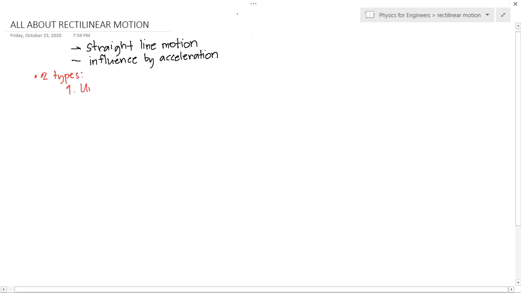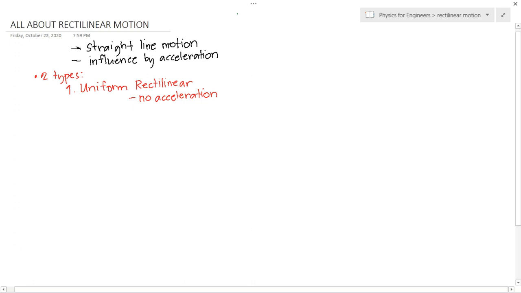Yung una is, syempre, uniform. Tinatawag natin uniform motion. So, when we say uniform rectilinear motion, from the word itself, uniform, means meron siyang bagay na hindi magbabago. So it has no acceleration, meaning it is not affected by any external interferences.